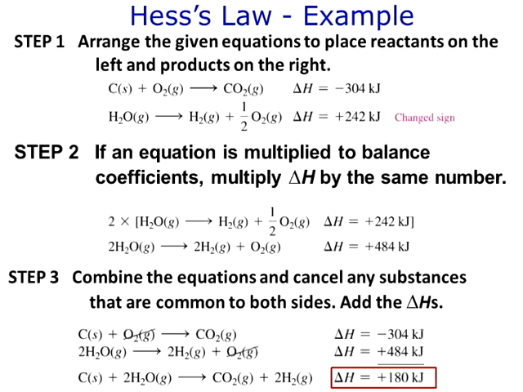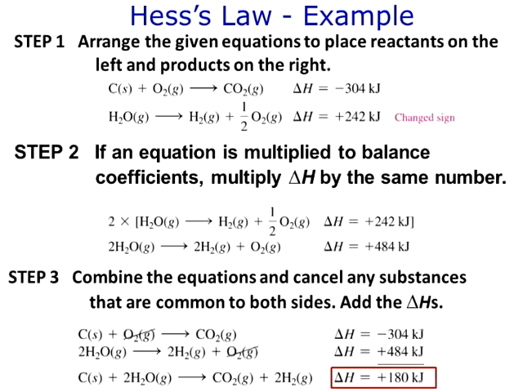We then take the equations, as we would follow through mathematical steps, combine the equations, and cancel any substances that are common to both sides, like you would cancel out in any other common mathematical equation. When we do that, we're left with an equation for producing carbon dioxide from carbon and water to give us carbon dioxide and hydrogen gas.